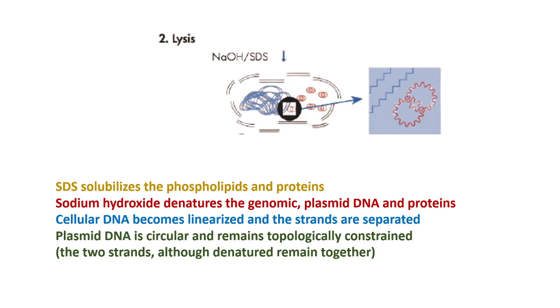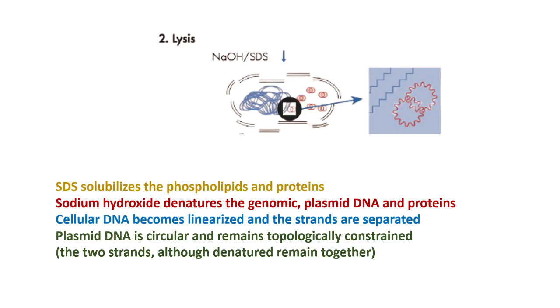One thing we added extra apart from the DNA isolation is the NaOH, that is, the alkali. What is NaOH doing? Sodium hydroxide denatures the genomic DNA, plasmid DNA as well as proteins.